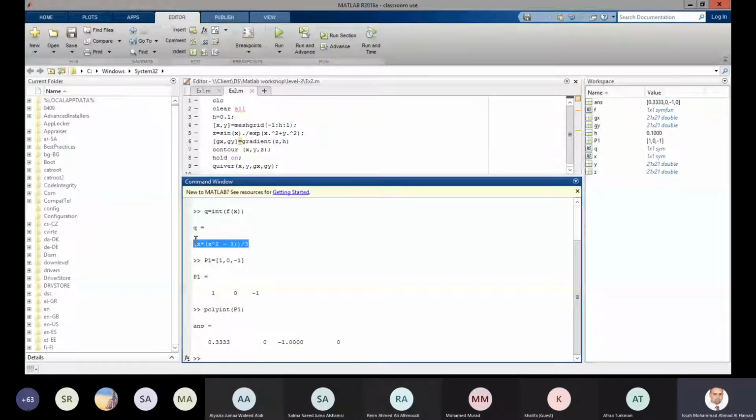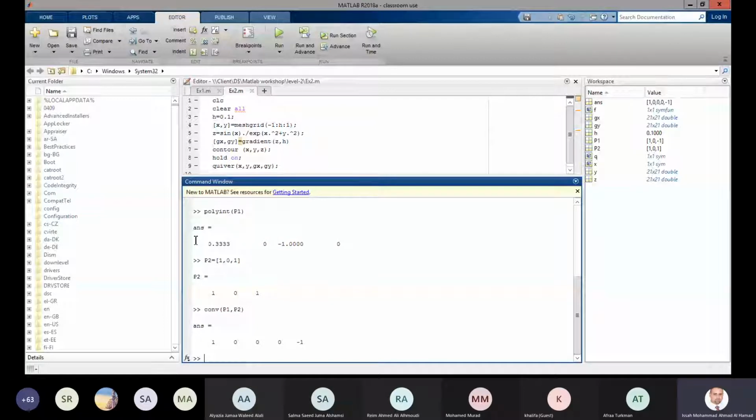You can also make the convolution, and for example, P2 equals 1, 0, 1. And make the convolution of P1 and P2.